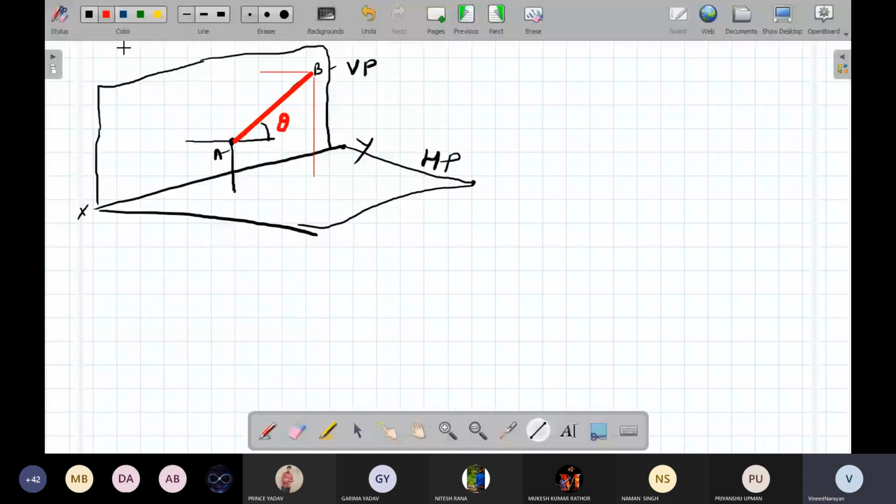Now if I complete, this forms my projection on the vertical plane, and this will be my A dash B dash, and the projection on the horizontal plane, this is AB.